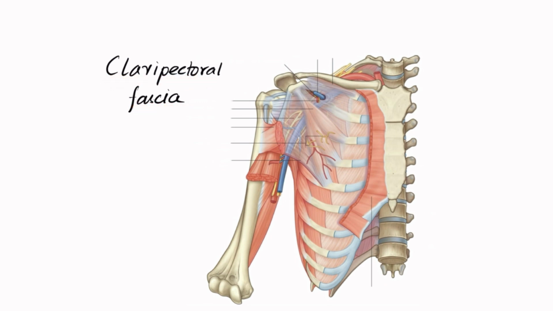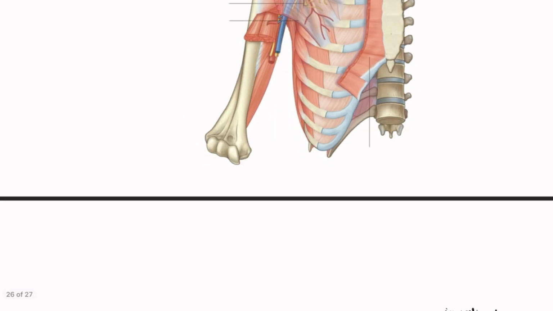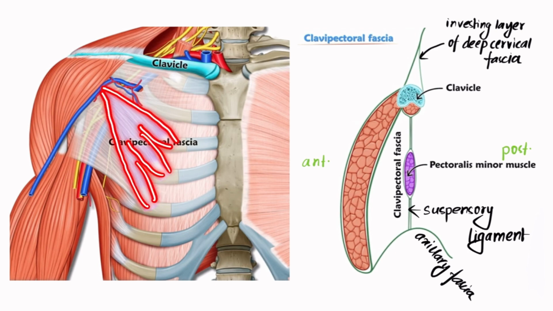The reason it is called clavipectoral fascia is because it wraps the pectoralis minor muscle and it also wraps the subclavius muscle. As you can see in this particular diagram as well, here's the pectoralis minor muscle in purple and here's the subclavius muscle.